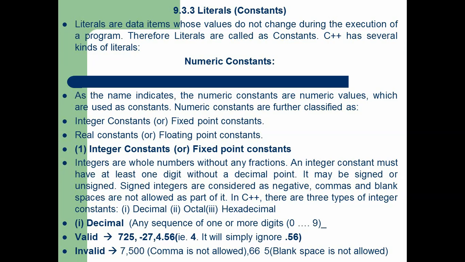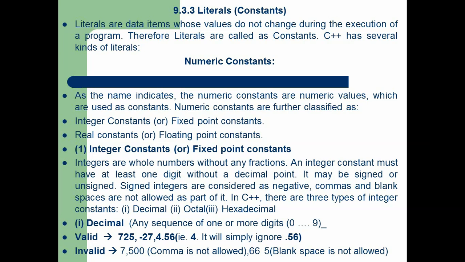But after writing and compiling the program, when you run the program, that mode is called execution mode. At that time, some variables' values cannot be changed. Those variables are called literals. So therefore literals are also called constants, that is, they cannot change during the execution time.